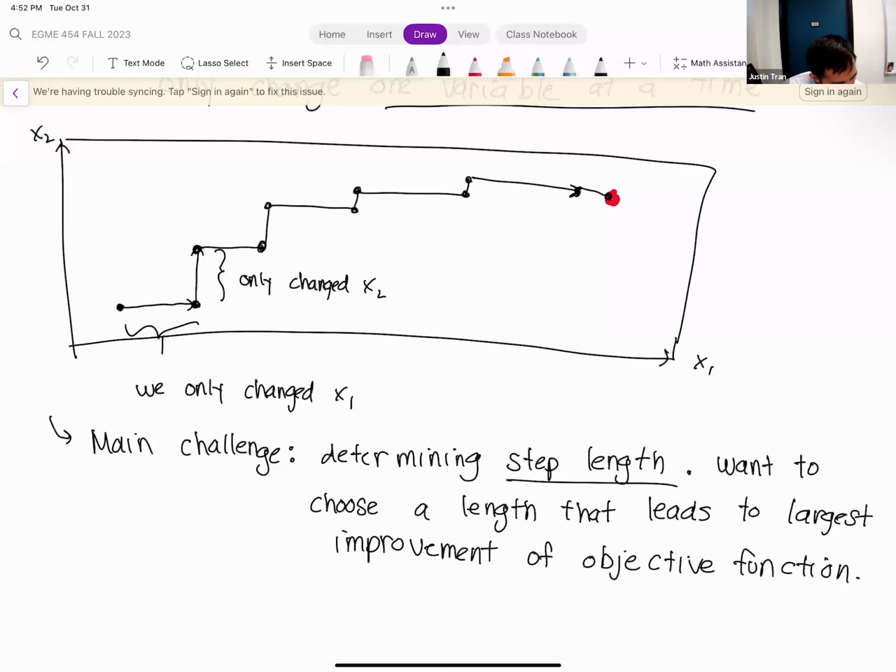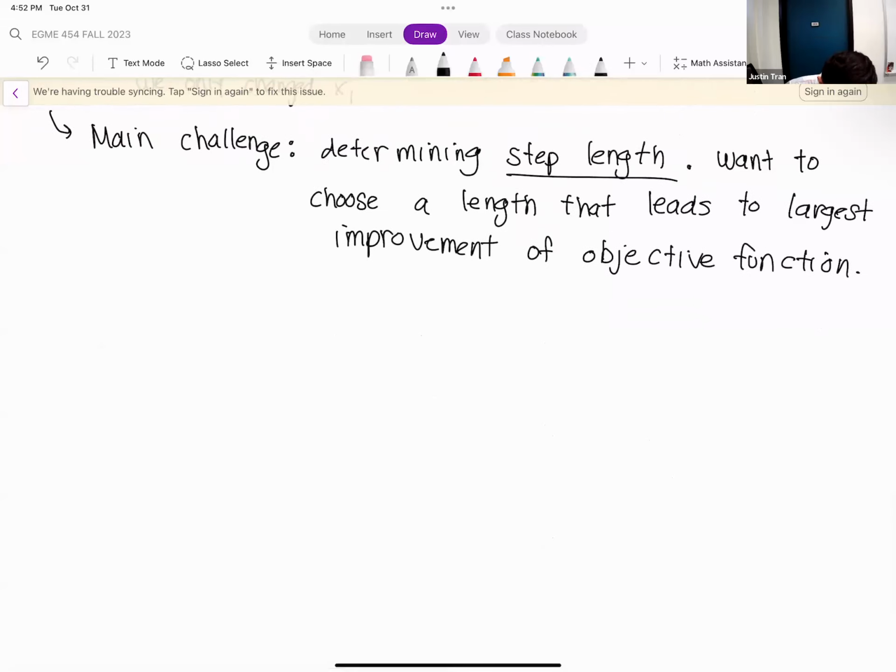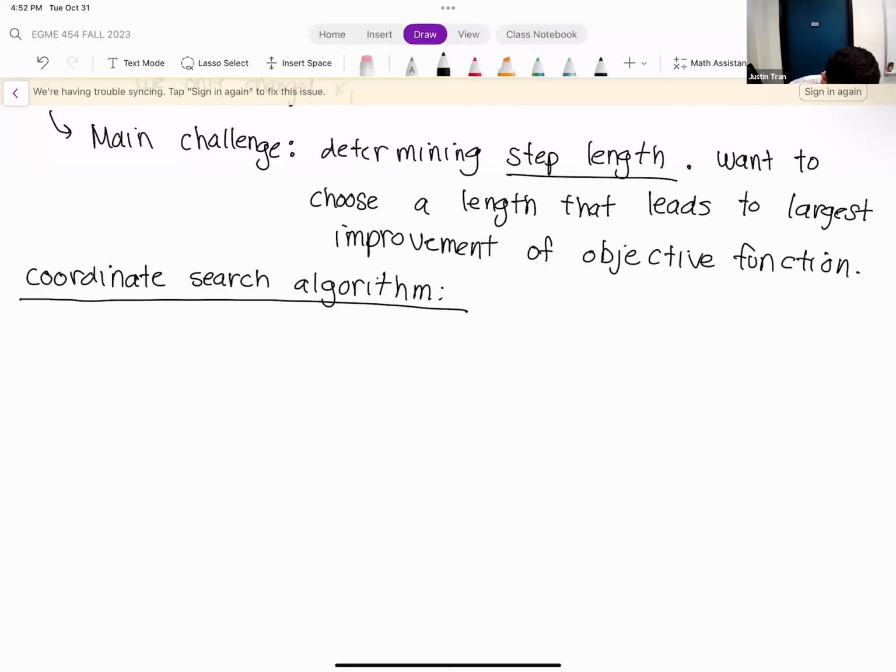Okay. So let's go ahead and start the algorithm. This is the coordinate search algorithm. First we have step one. Step one is to have a starting point. So that's always important.